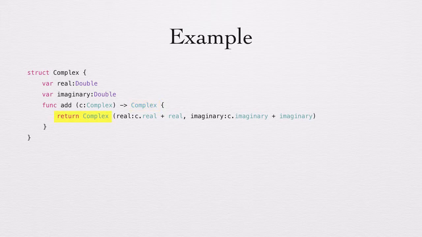In the function's body, we simply return a complex instance. The instance itself is constructed by calling the compiler-provided initializer with some computations to deduce the addition of two mathematical complex numbers.